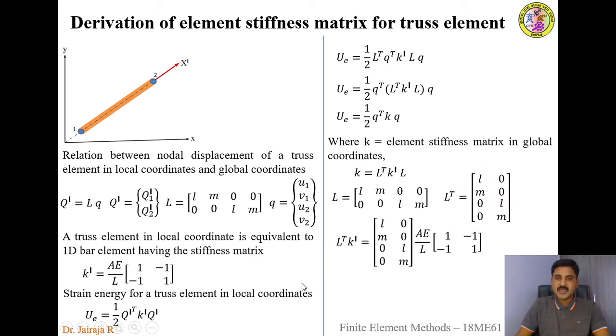So if I multiply L transpose by K dash, L transpose K dash is equal to AE divided by L times the matrix [l -l; m -m; -l l; -m m].